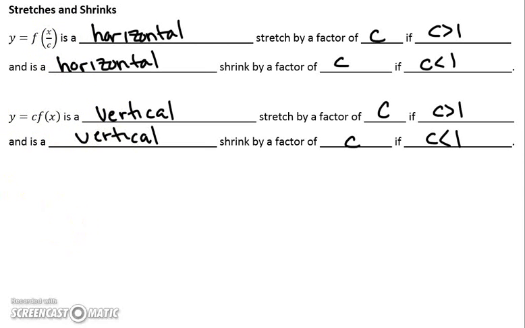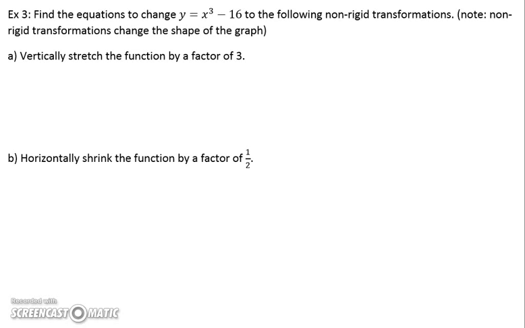So let's look at an example, and then we'll call it quits on the video. So find the equations to change y equals x cubed minus 16 to the following non-rigid transformations. So this is something that we didn't really define, but non-rigid transformations are the ones that are going to change the shape of the graph.